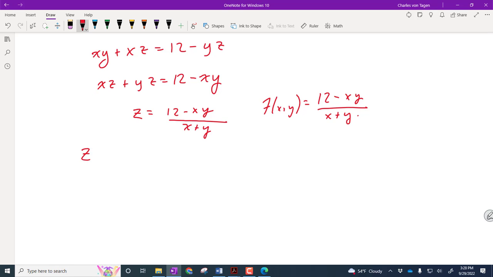It's the plane already solved for the variable z. z is equal to f sub x of a, b times x minus a plus f sub y of a, b times y minus b plus our f of a, b. And this has to do with the fact that if I took this format and created my F of x, y, z from this, what would be partial z? Either 1 or negative 1.